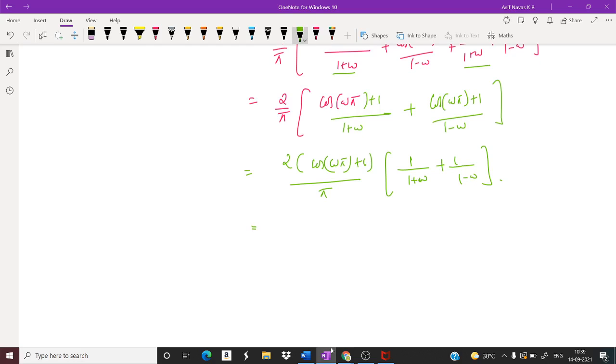So this is equal to 2 into cos omega pi plus 1 divided by pi times, if you cross multiply, 1 minus omega plus 1 plus omega.